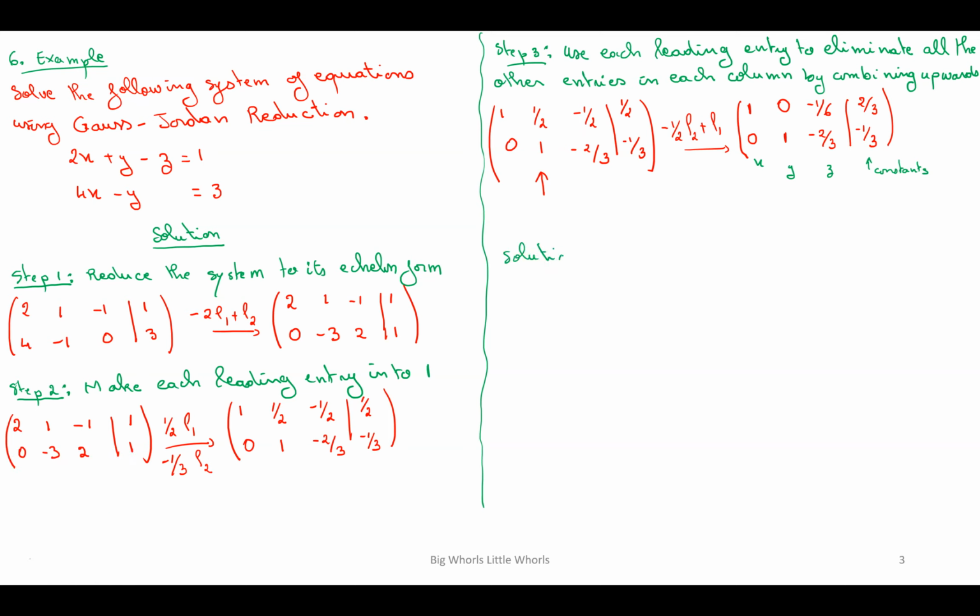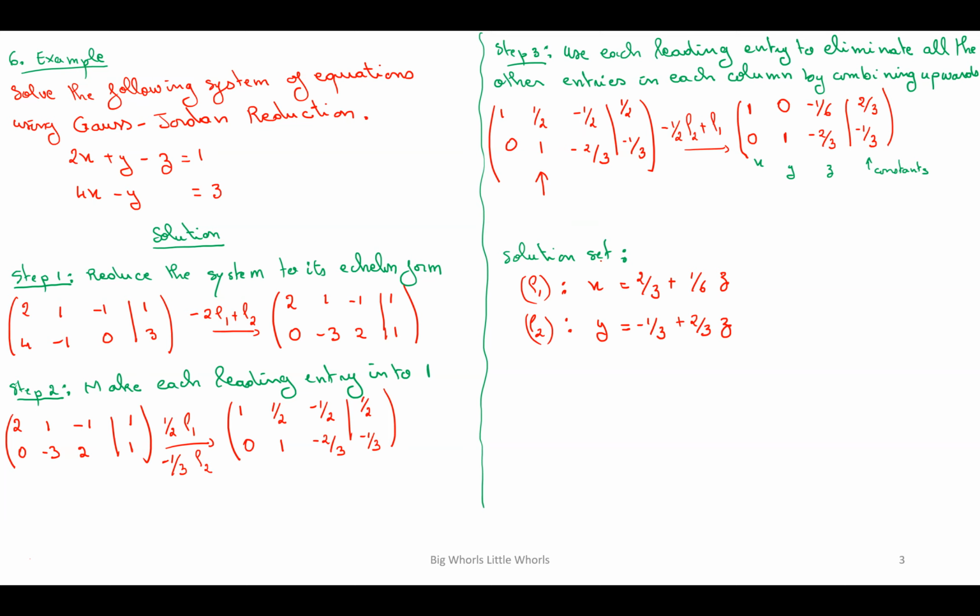Here is the solution set. So here we can write, when it comes to row 1, x equals 2/3 plus 1/6 z. And in row 2 we have y equals minus 1/3 plus 2/3 z.